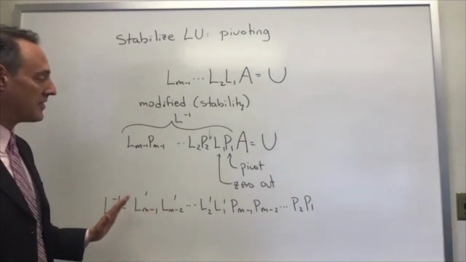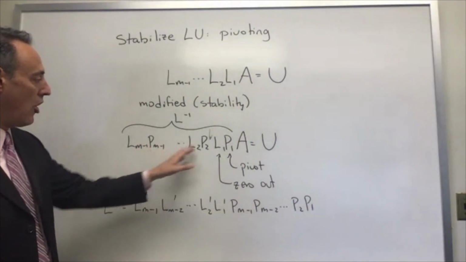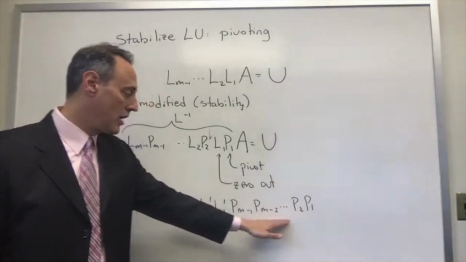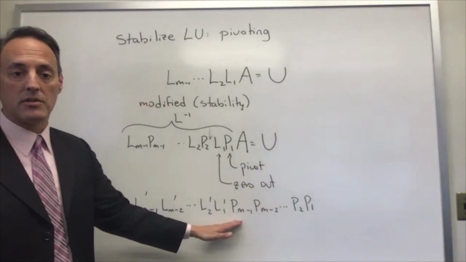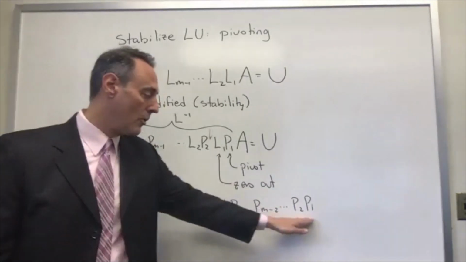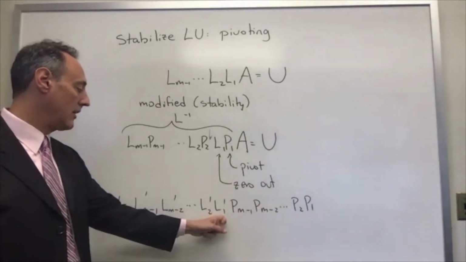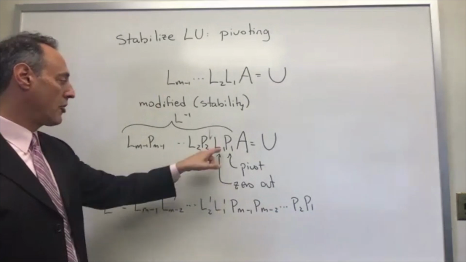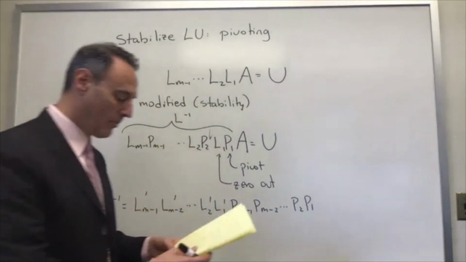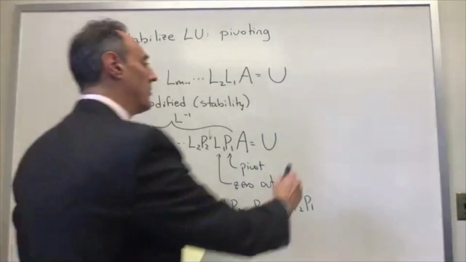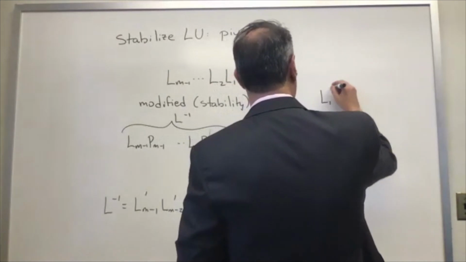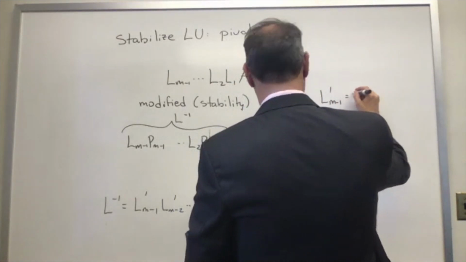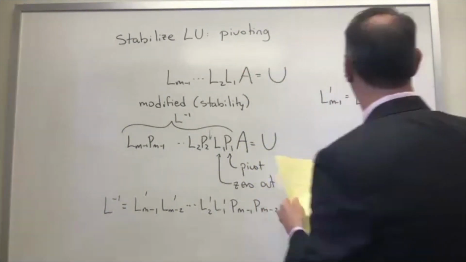Now notice what I've done with this. I've moved all the P's to the right. So in other words, I took up all these permutations here on the right. I multiplied them all out. And on the left, I now have versions of L1 and L2. In fact, let me write down what these L's are. So L minus 1 prime is just equal to L minus 1.